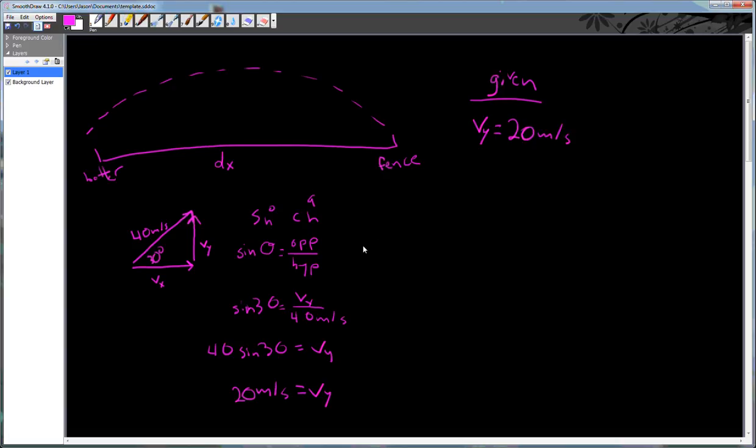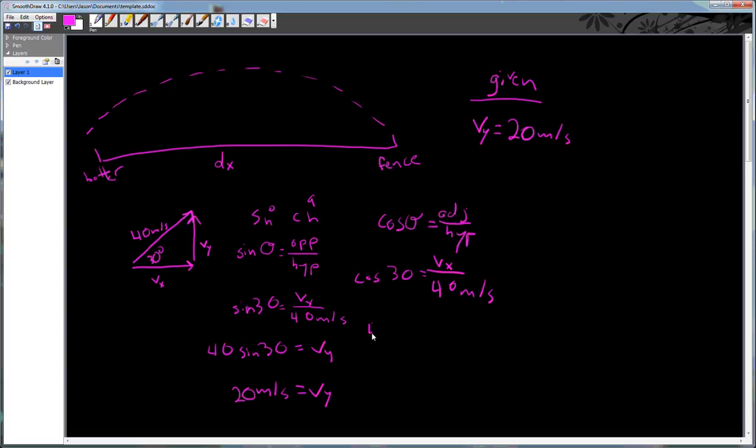Now we're going to do the same approach, but for Vx, and we're going to use cosine, right? So cosine of theta is equal to the adjacent over hypotenuse. CAH, cosine theta, adjacent over hypotenuse. Adjacent meaning next to. So our cosine of 30 is equal to our adjacent here, which is our Vx, next to our angle, divided by 40 meters a second, again, which is our hypotenuse.